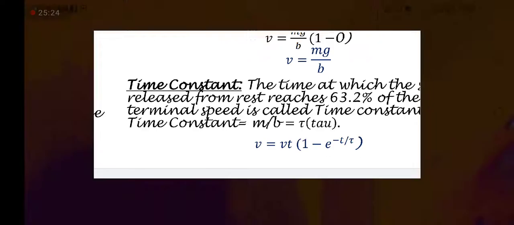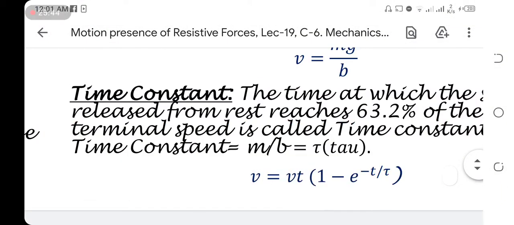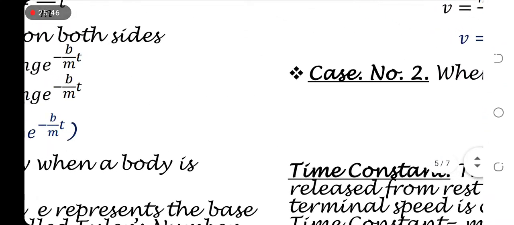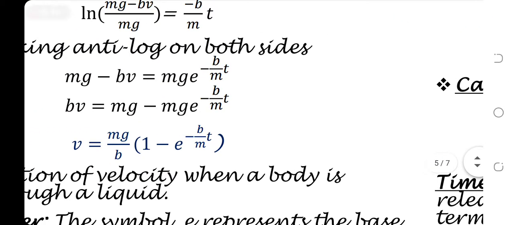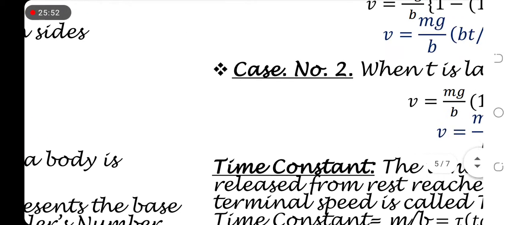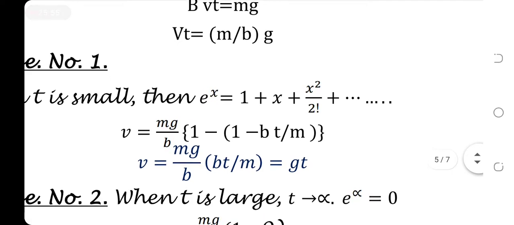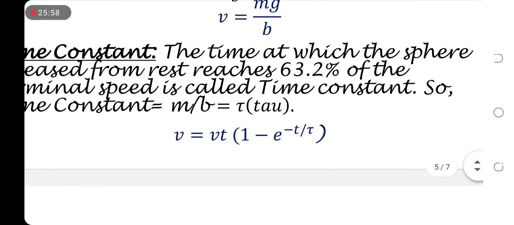So the above relation can be written in the form: mg over b can be written as terminal velocity, and with tau, we would have the relation v equals vt into 1 minus exponential minus t over tau.